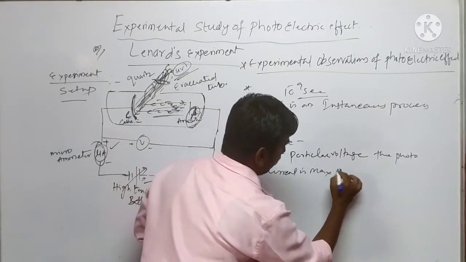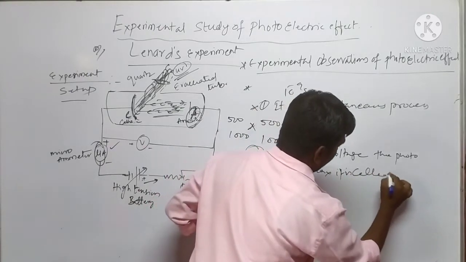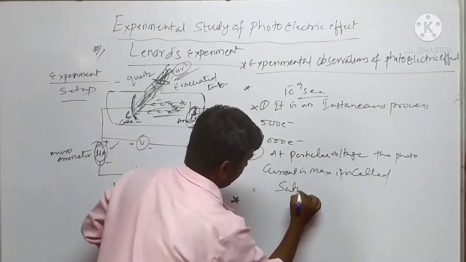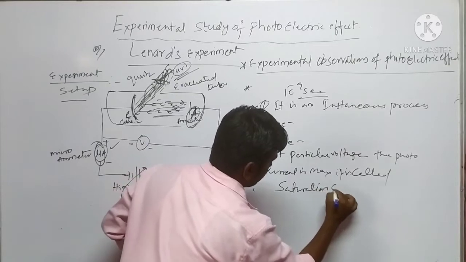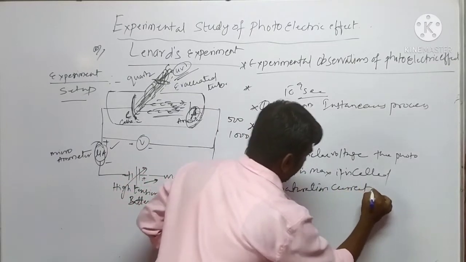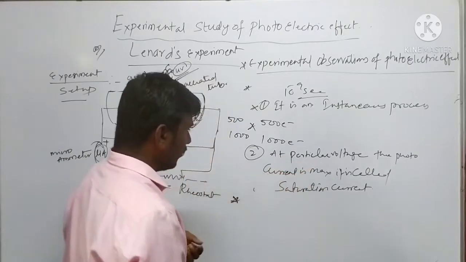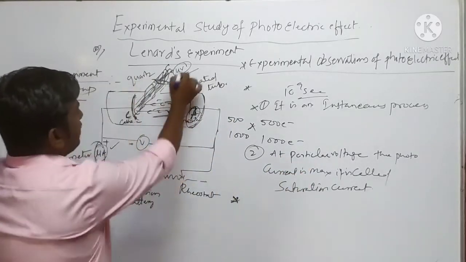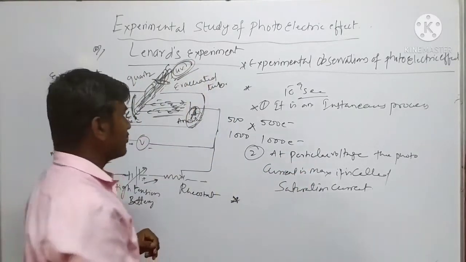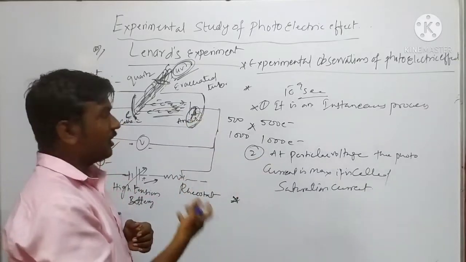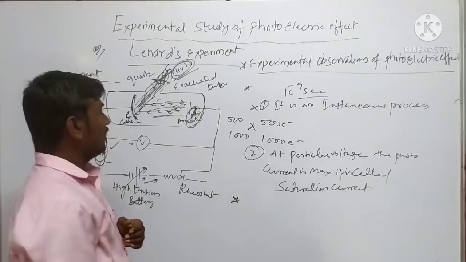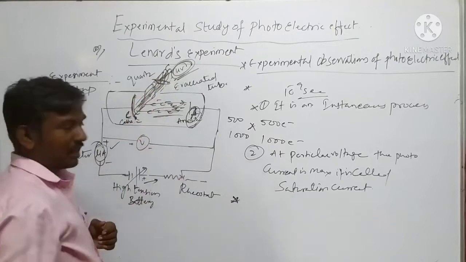It is called saturation current. Further, if you want to increase this saturation current, we have to increase the intensity of radiation. It may be visible light, it may be some ultraviolet radiation. You have to increase the intensity of light.